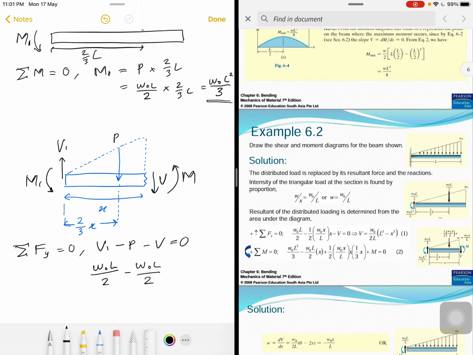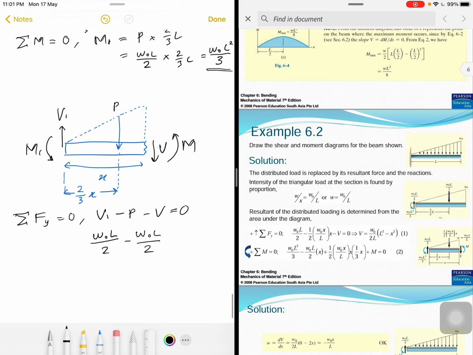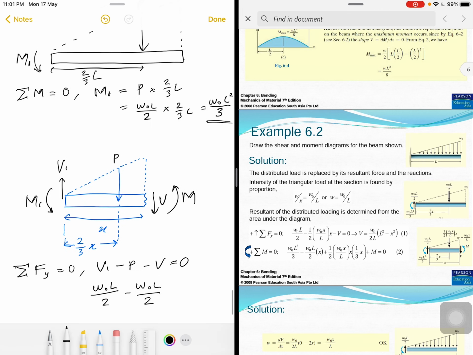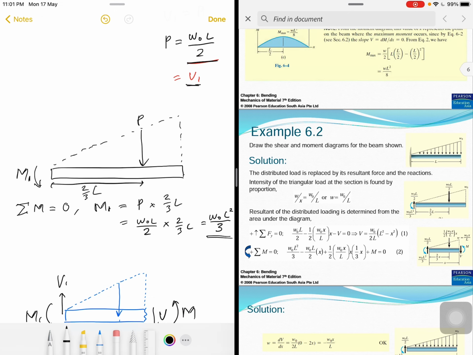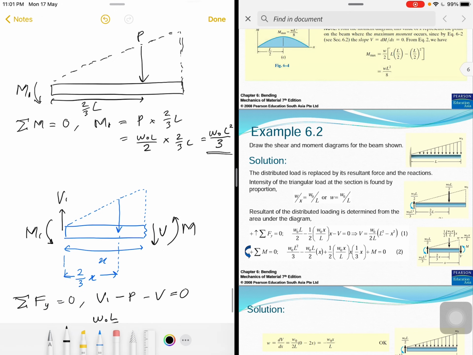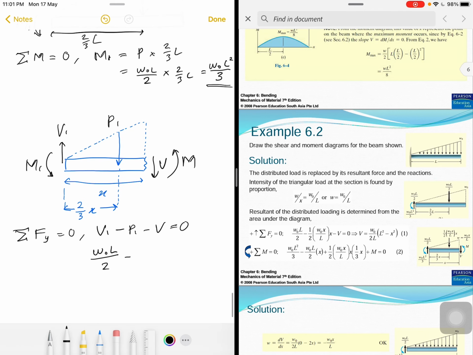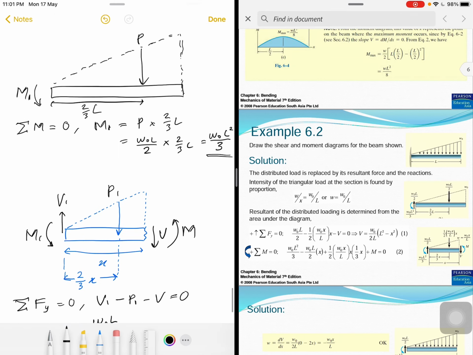I'm sorry. Actually, sorry. So P in this diagram is not similar with P right here, because this is P for the whole length of the beam, but this is, I can call it a different name. For example, P1. Okay, P1 is different compared to P.